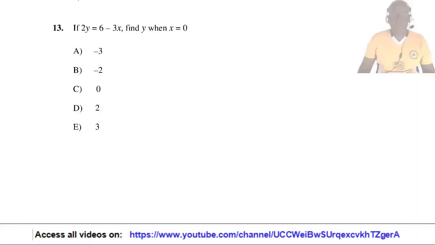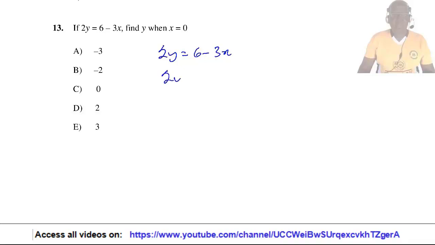Question 13. If 2y equals 6 minus 3s, find y when s equals 0. That is 2y equals 6 minus 3s. We shall substitute s equal to 0 in the equation.